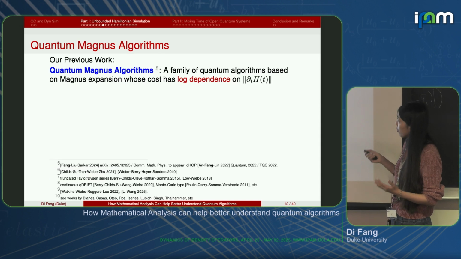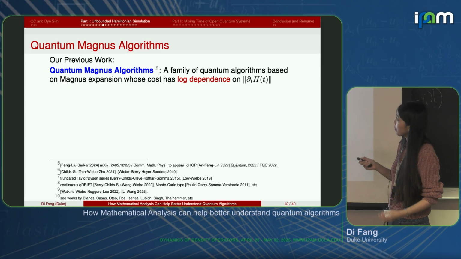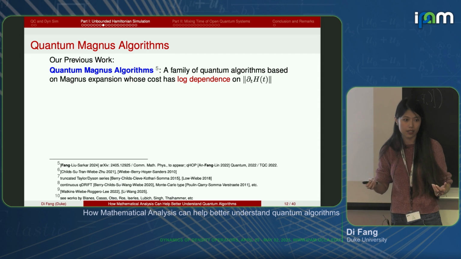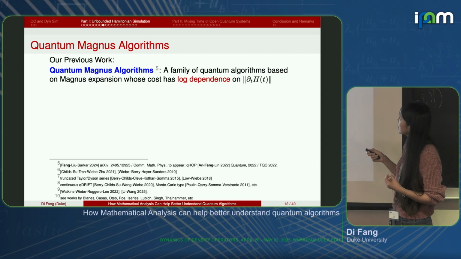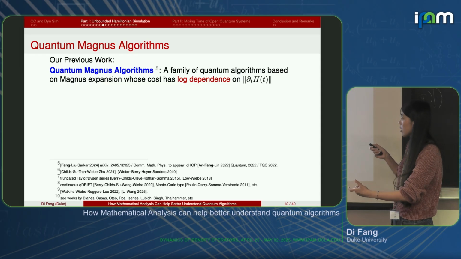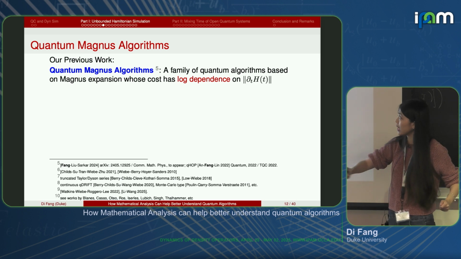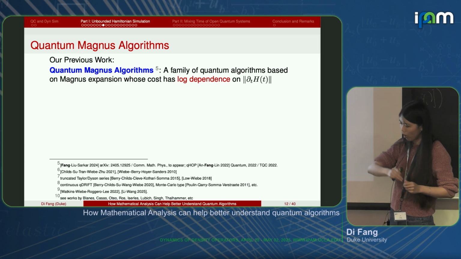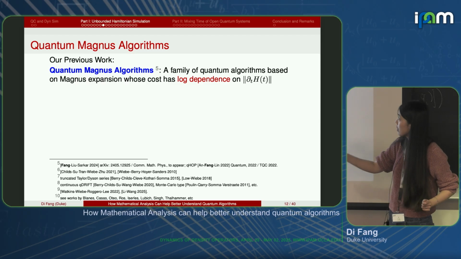There are a number of works addressing related problems. From one line of my previous results, we have been looking at these quantum Magnus algorithms. What we can show is that there is a very nice circuit construction, in the sense that the circuit gates per query, or how many times I need to run these quantum circuits, only depend logarithmically on the derivative.